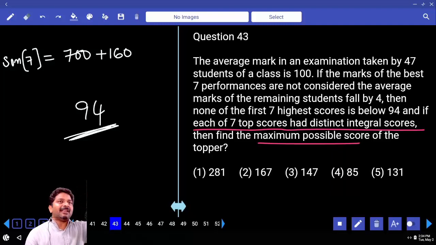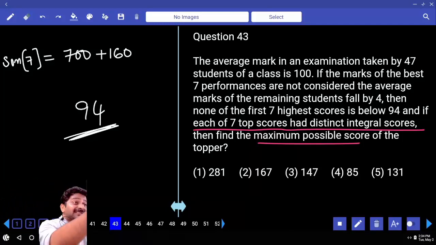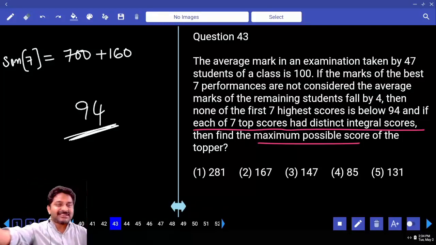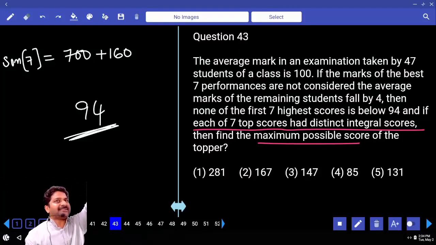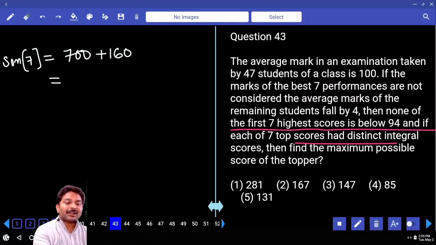If we are expecting a maximum value for the topper, those remaining 6 people should get as minimum as possible. Correct? Only if the remaining 6 members get less does the topper get the maximum. Right. So now, so far, for these 7 people, what was our total we got?